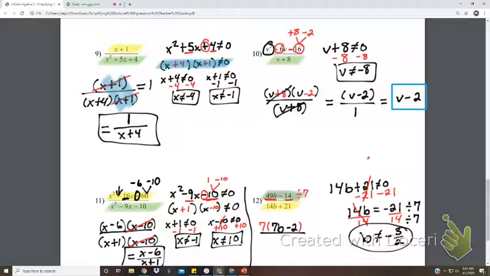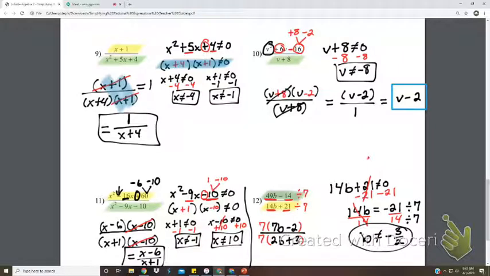In the denominator, just like when we reduced the fraction, 14b and 21 could both be divided by 7. So I'm going to go ahead and divide out the 7. 14b divided by 7 would be 2b, and 21 divided by 7 would be 3.